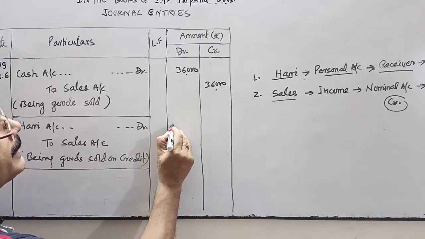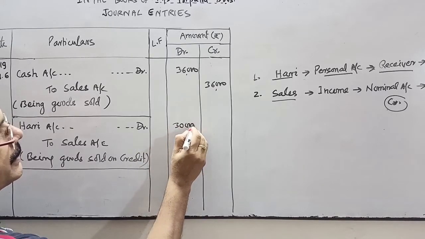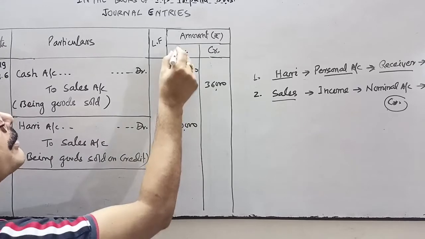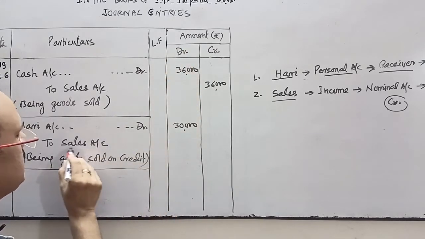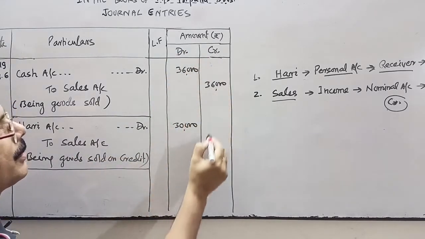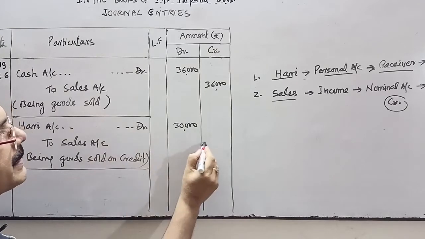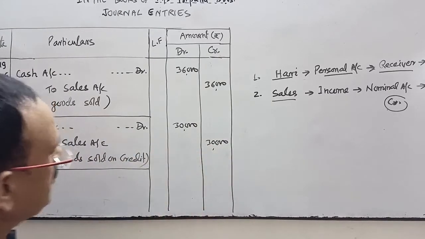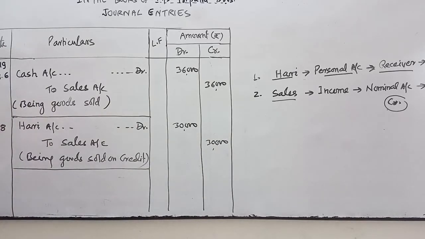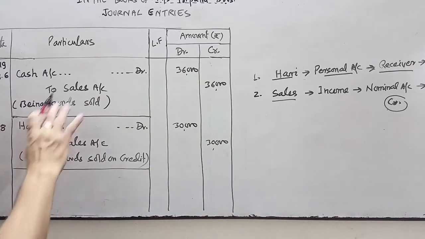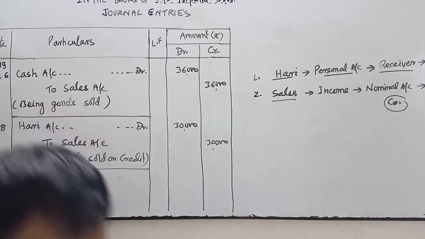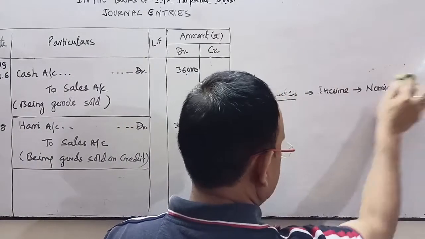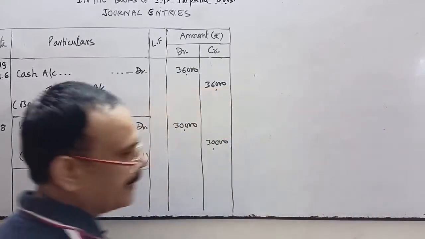Goods sold to Hari, 30,000. So 30,000 in the debit column for the Hari account, and sales is credit, so in the credit column, just in front of sales, I will write 30,000. So this transaction is completed. Is it clear? We have recorded two transactions. First one is goods sold for cash, and second one is goods sold on credit.